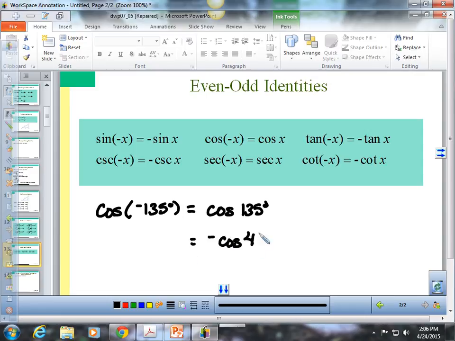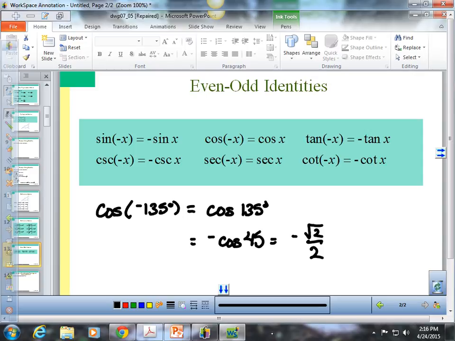My reference there is a 45, so negative radical 2 over 2. So if we're dealing with negative angles, we've got to determine if it's an even or an odd function. And if it's even, you just drop the negative. If it's odd, you move the negative out to the front.